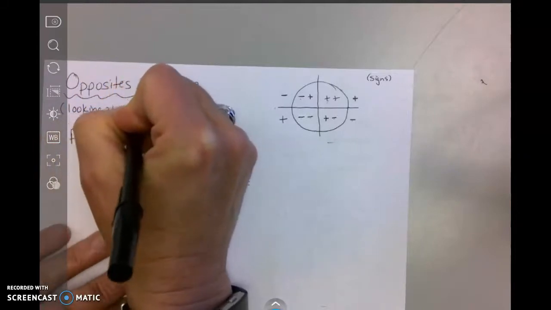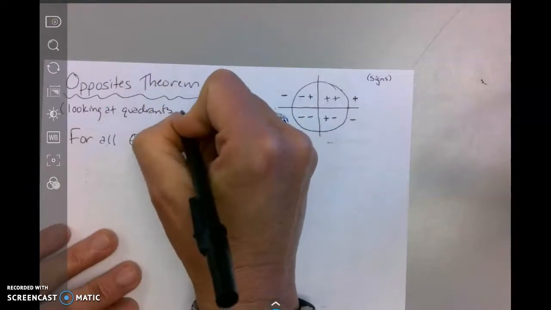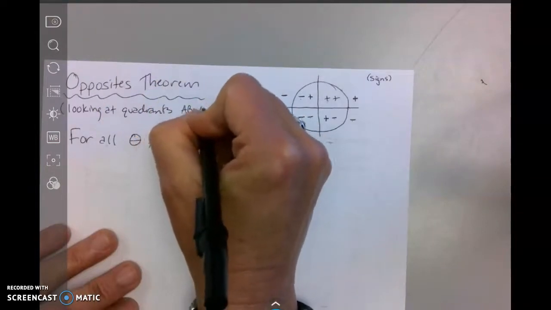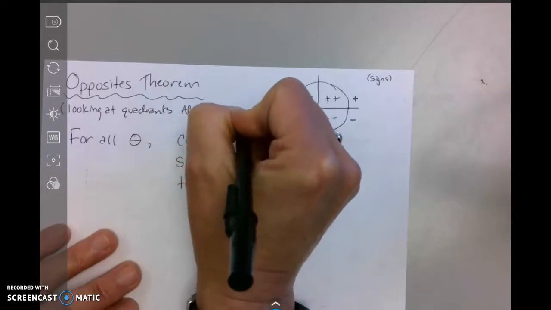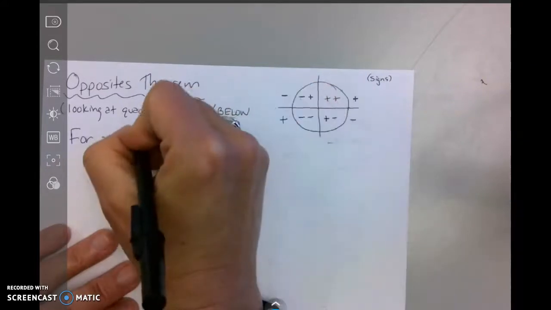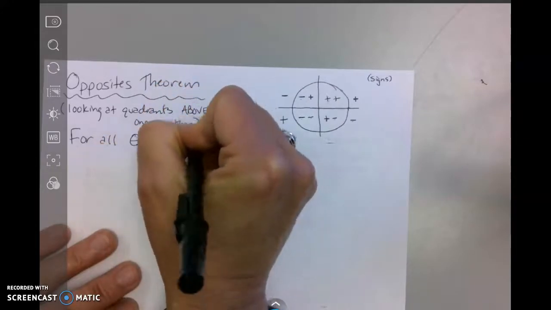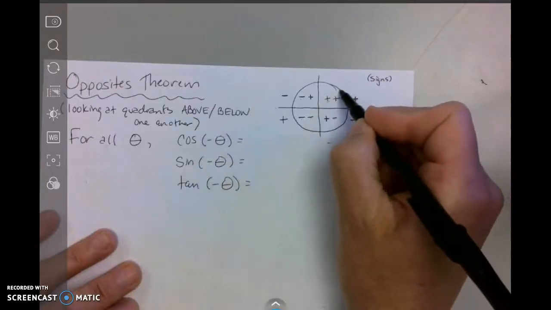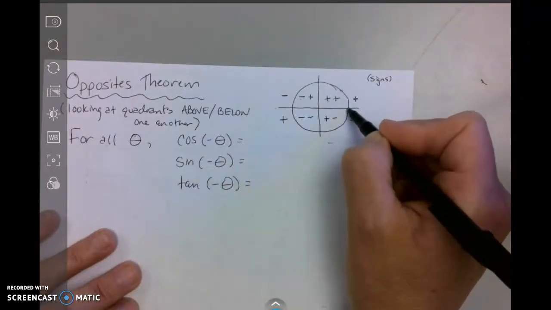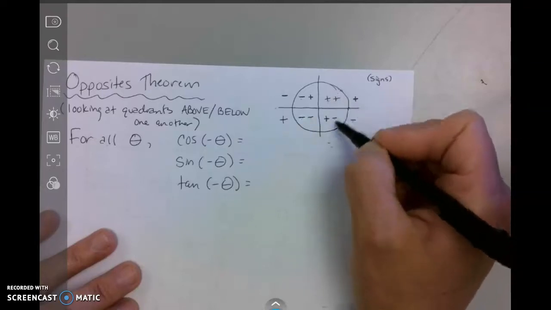What ends up happening in the opposites theorem, we are looking at quadrants above and below one another. Because theta would be here, the same distance in the other direction would be down here, above and below one another.